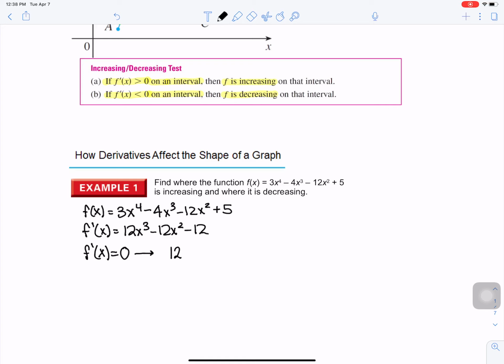Oops, I missed a term here: the derivative of 12x squared is minus 24x plus 5. So I'll factor out a 12x and get x squared minus x minus 2.